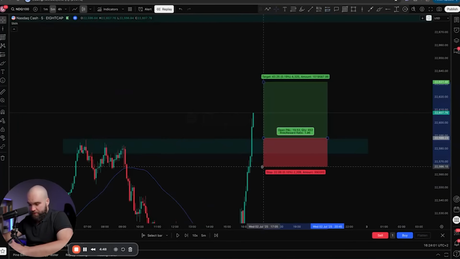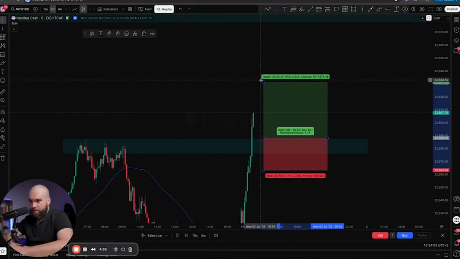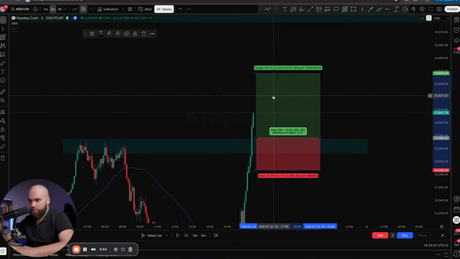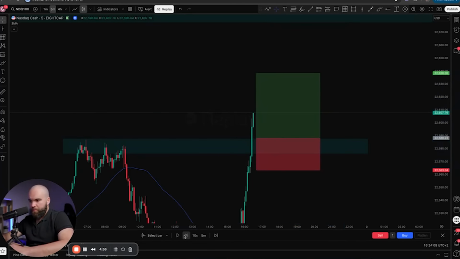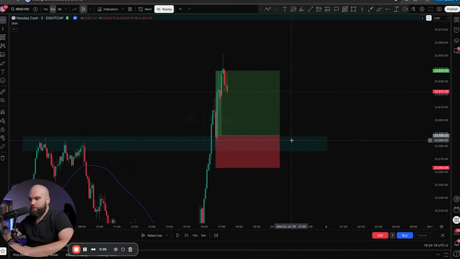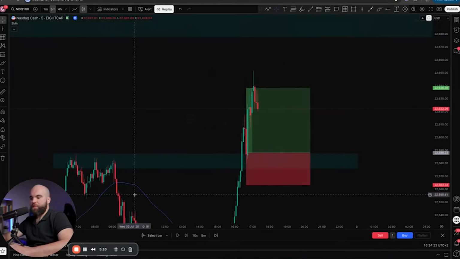So everything is valid. So we're going to put on our 25 pip stop loss, and we're looking for a 1-to-2 risk reward ratio. So we wait for it to come and retest. It retests, it pushes back up, and we hit our take profit. So if we risked $1,000 here, we would have bagged $2,000 up here.